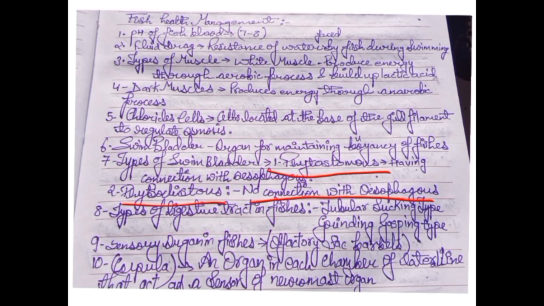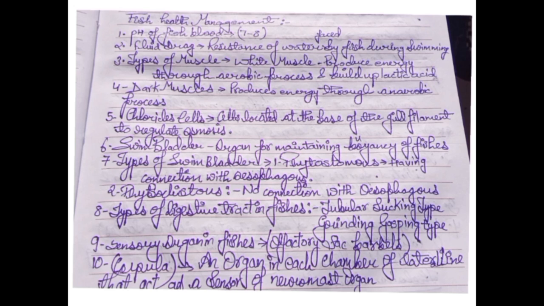Okay, then comes the types of digestive system. Types of digestive system are of two types: tubular sucking type and grinding gasping type. Tubular sucking type means the food goes directly through the food pipe, through the stomach and intestine, and absorption takes place. Whereas the grinding gasping type is where the mouth itself has the grinding part, which is generally teeth.